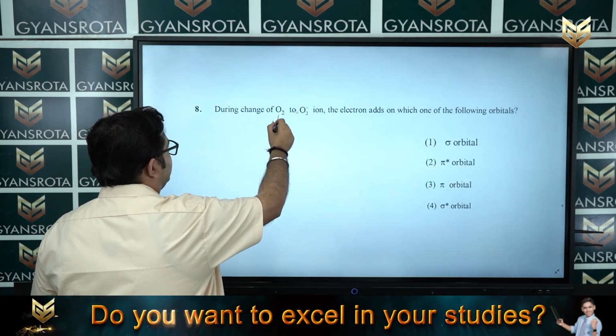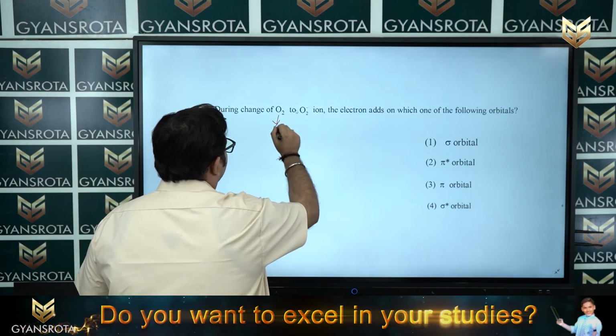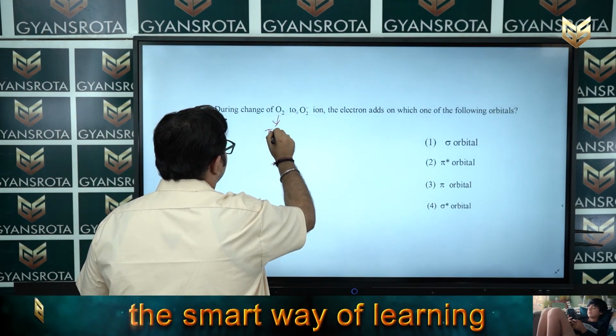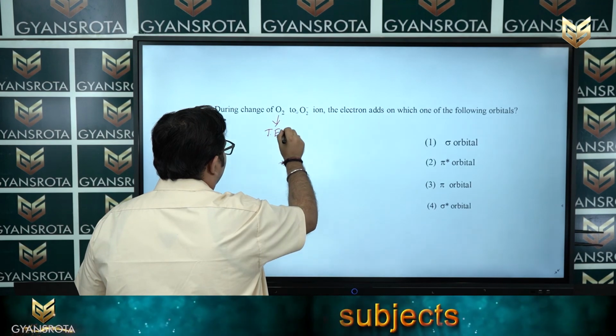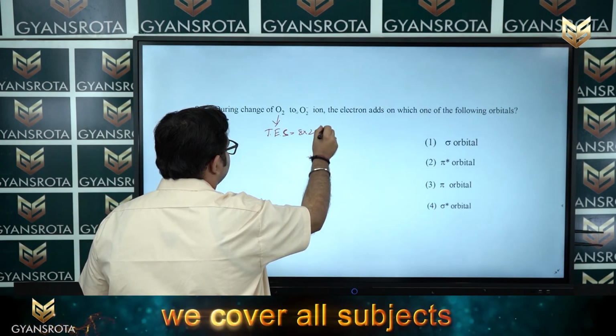For oxygen, the total electron count should be 8 into 2, that is 16.